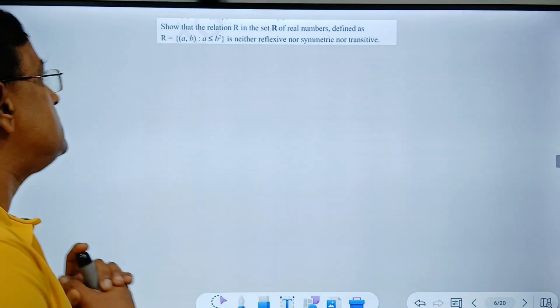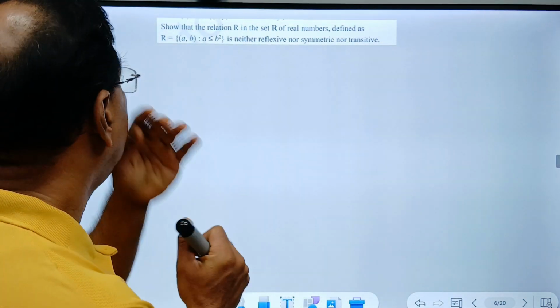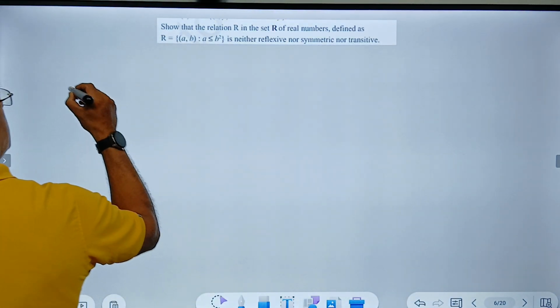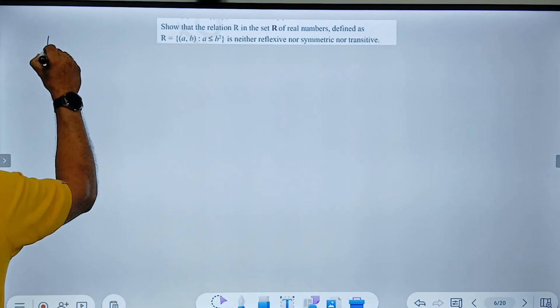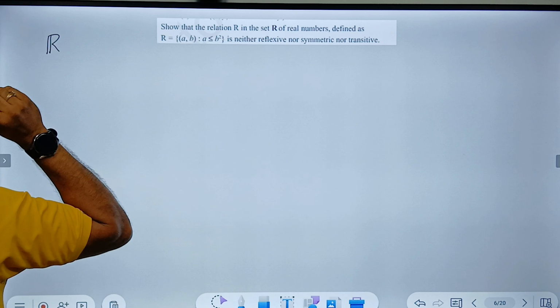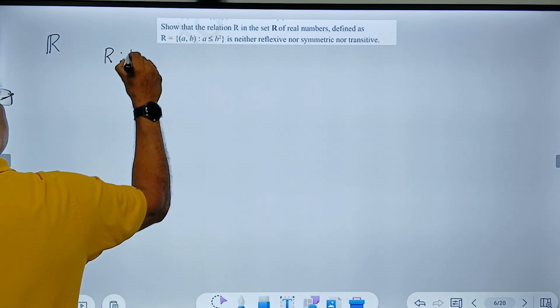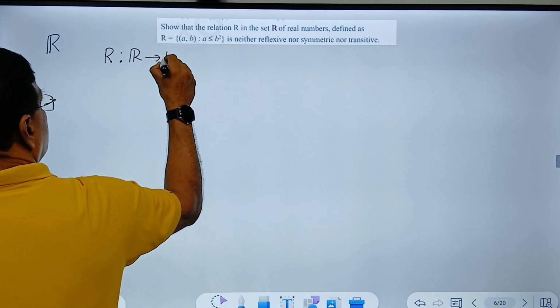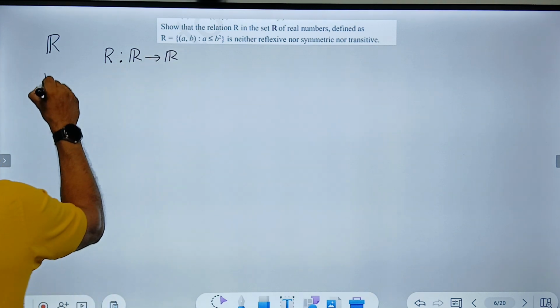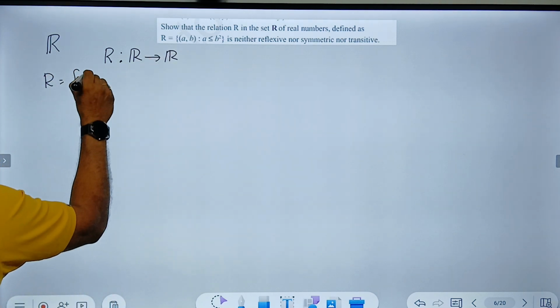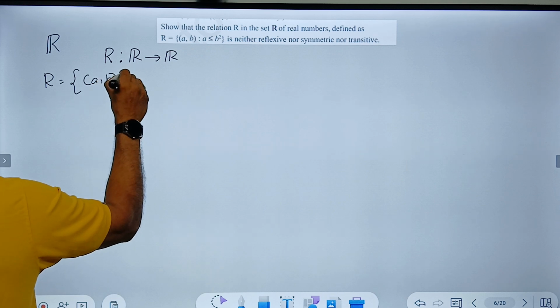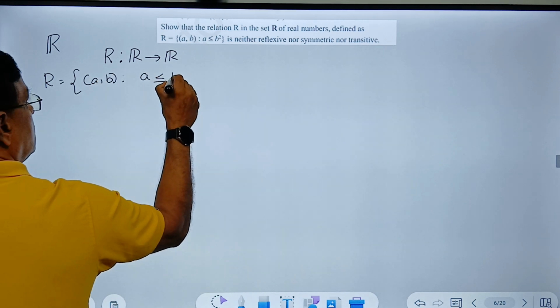So let us see how to go about this problem. My set is the set of all real numbers, and my relation R is defined from the set of all real numbers to the set of all real numbers. The relation is defined as (a, b) such that a is less than or equal to b square.